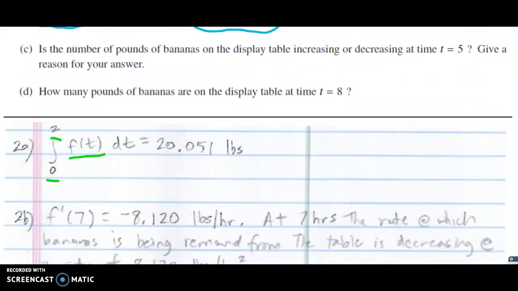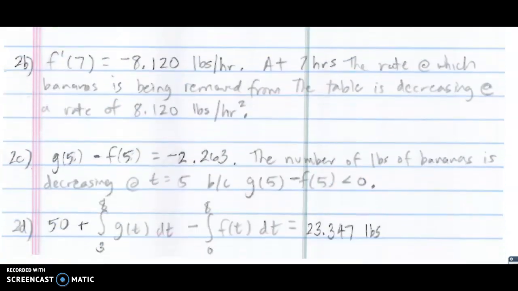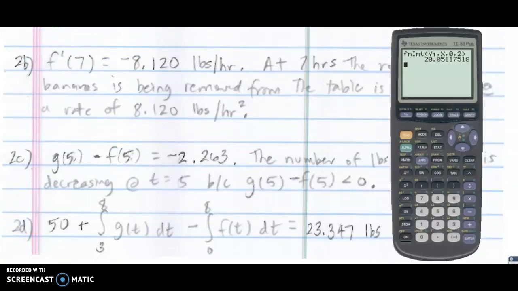All right, so let's go down to letter B, and let's pull out my calculator. So remember, I'm letting the calculator do its job. So now I'm going to tell the calculator I need to find the derivative, math 8, of the removal rate, which for me is in y1. So vars, y vars. Use your shortcuts if you have them.